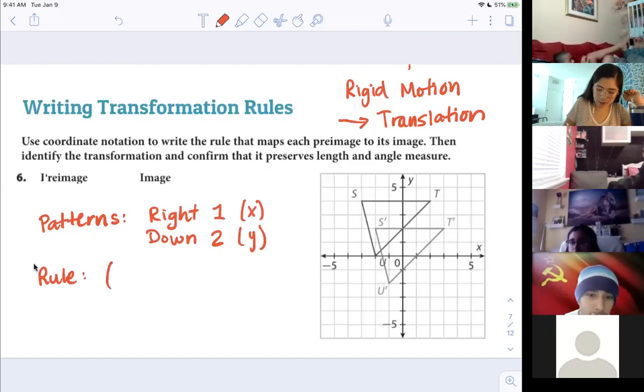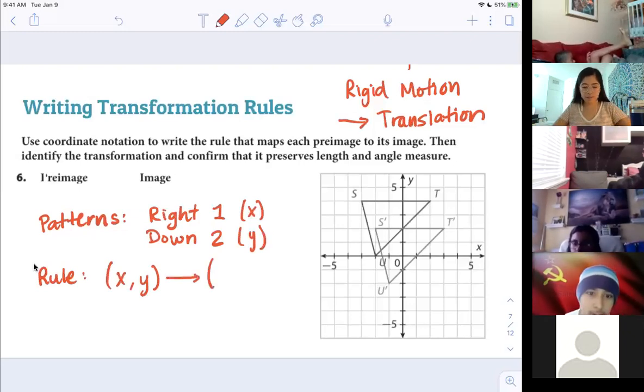So when I write my rule, same thing as I did before. I'm going to start with x comma y, arrow, and I'm going to say it like it is. What happens to the x? It moves to the right 1. So how could I write that using math?